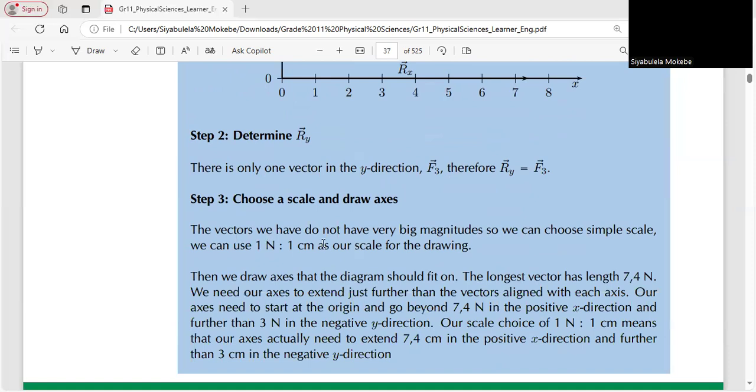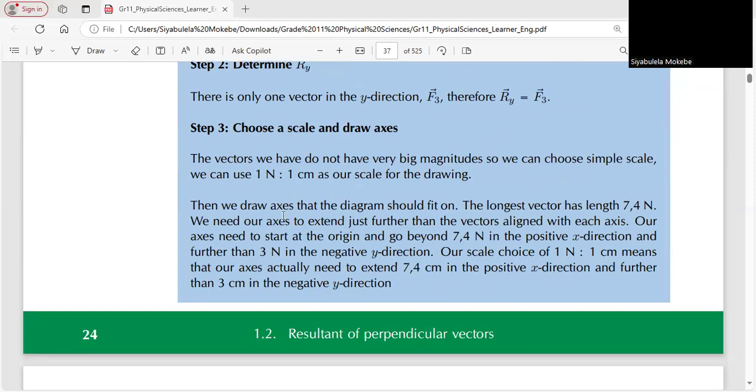The vectors we have do not have very big magnitude, so we can choose simple scales. We can use 1:1. Then we draw axes that the diagram should fit in. The longest vector has length 7.4 Newton. We need our axis to extend just further than the vectors aligned with each axis.